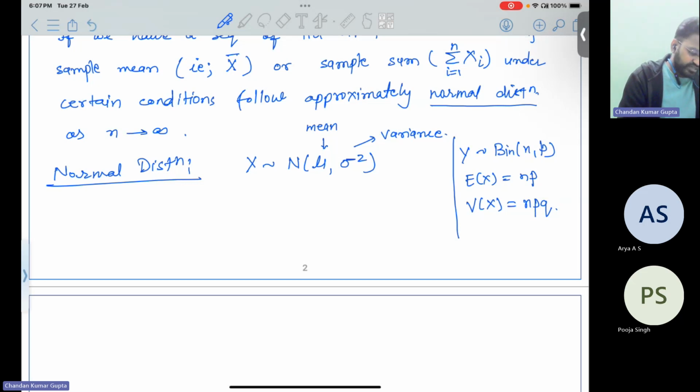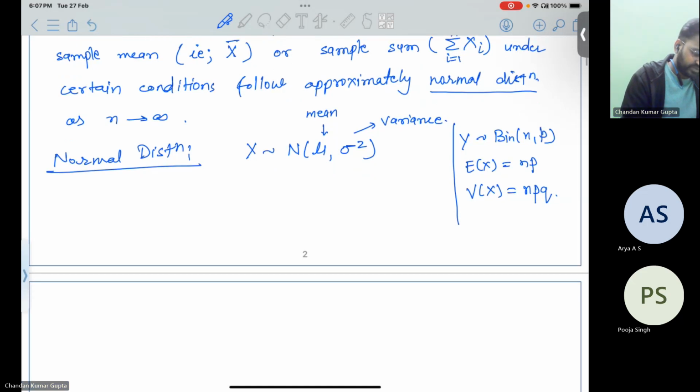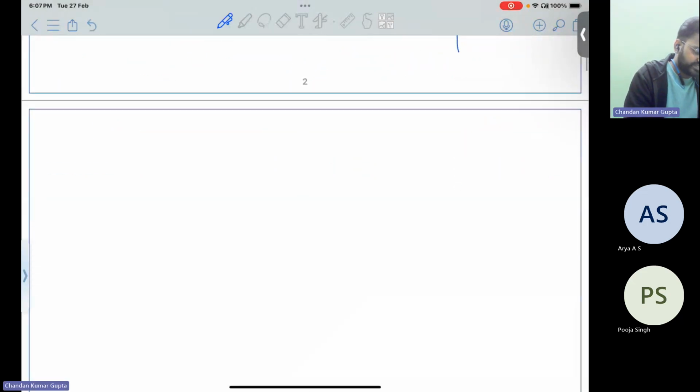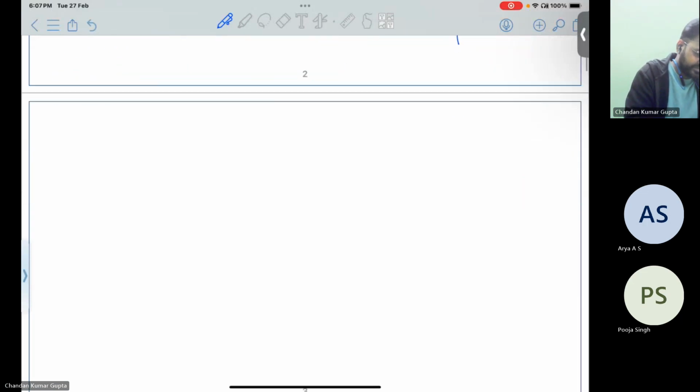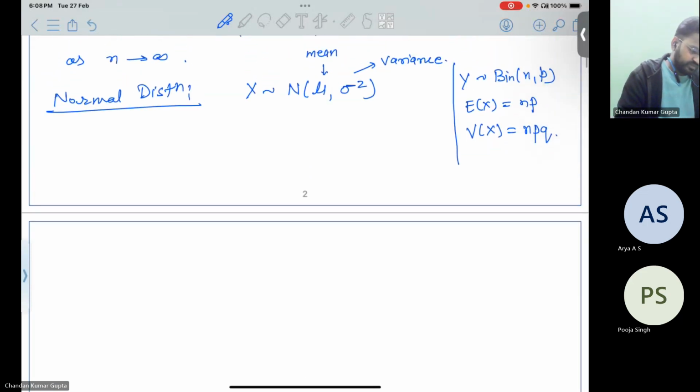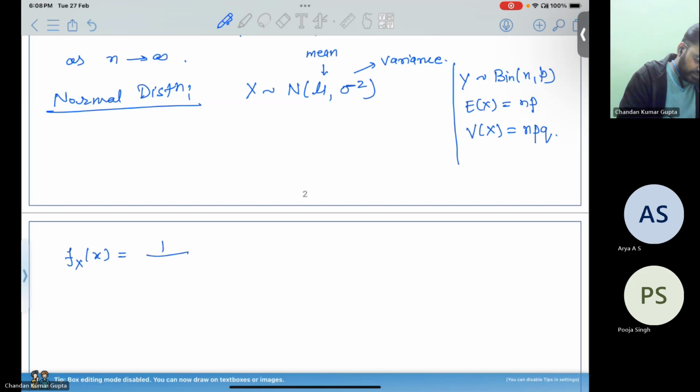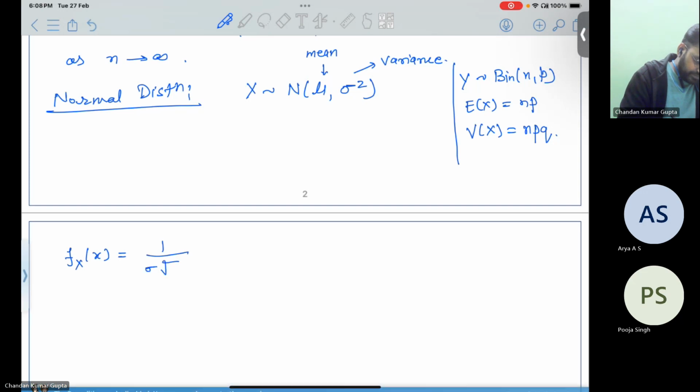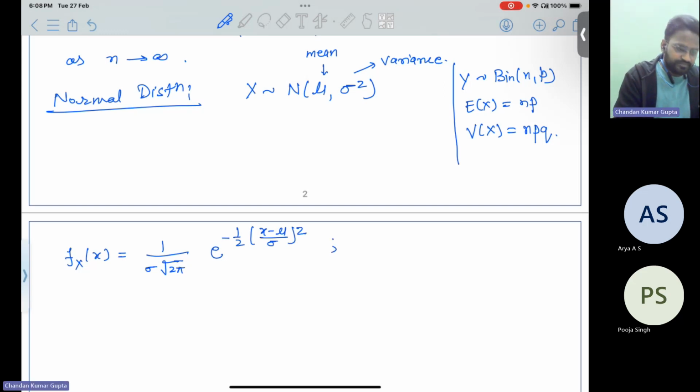So first let us write the PDF of the distribution. I'll write on the next page. So the PDF is one upon sigma root 2 pi, e to the power minus 1 by 2, x minus mu upon sigma, whole to the power square.